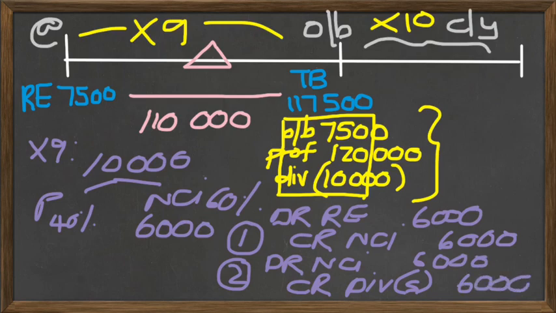So what happened to the NCI balance with regards to the preference share NCI in X9? We increased their balance with 6,000, where we attributed what they are entitled to as cumulative preference shareholders, but because the dividend was also declared, the second step was to account for that dividend declared with this debit to their balance that will reduce it again.